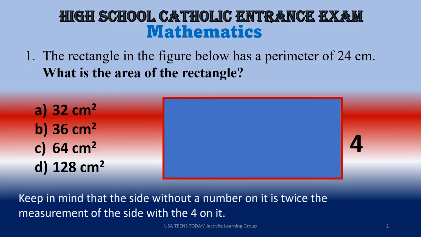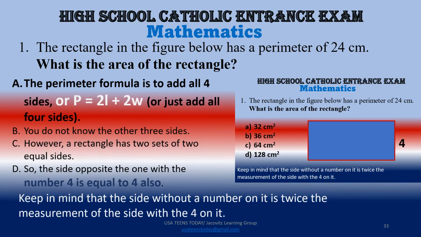Now before we get into lengths and widths, just remember what area of a rectangle is. Two sides are going to have equal lengths and two sides are going to have equal widths. As we're going over this, remember your perimeter equals 2 times the length plus 2 times the width. If you can't remember that formula, that's okay.